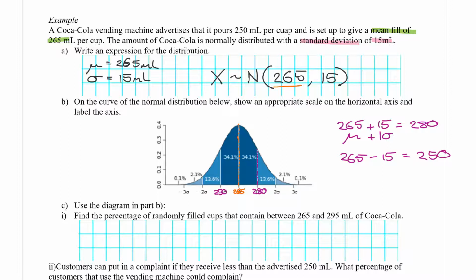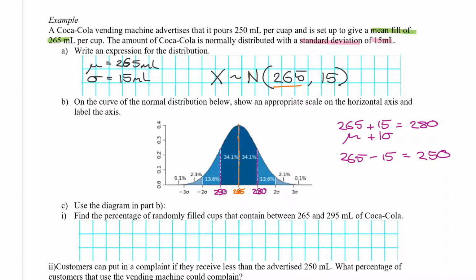Now, what does this actually mean? Well, if we add these two together, we're going to get roughly 68%. 68% of the cups poured are going to be between 250 and 280 milliliters. So all we're doing in this particular question is just annotating this curve to reference our particular problem.